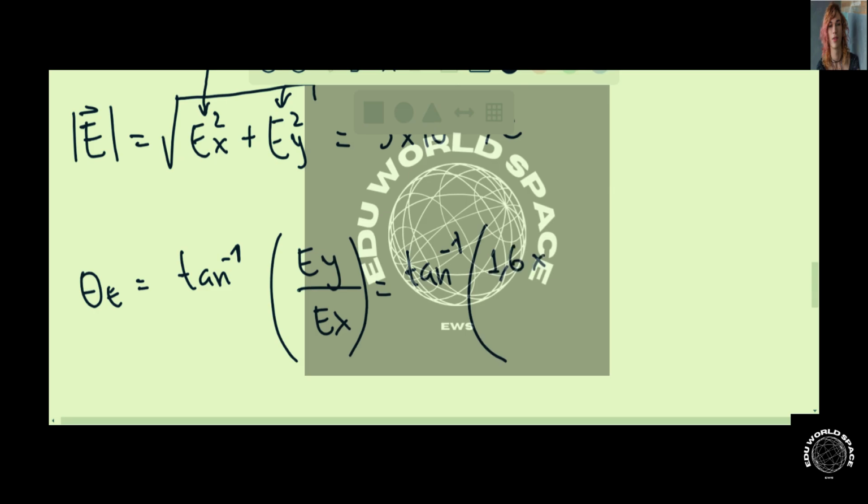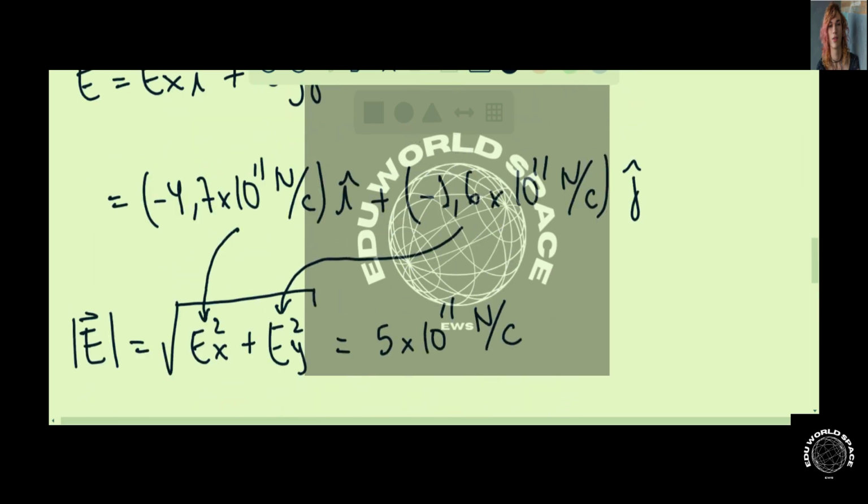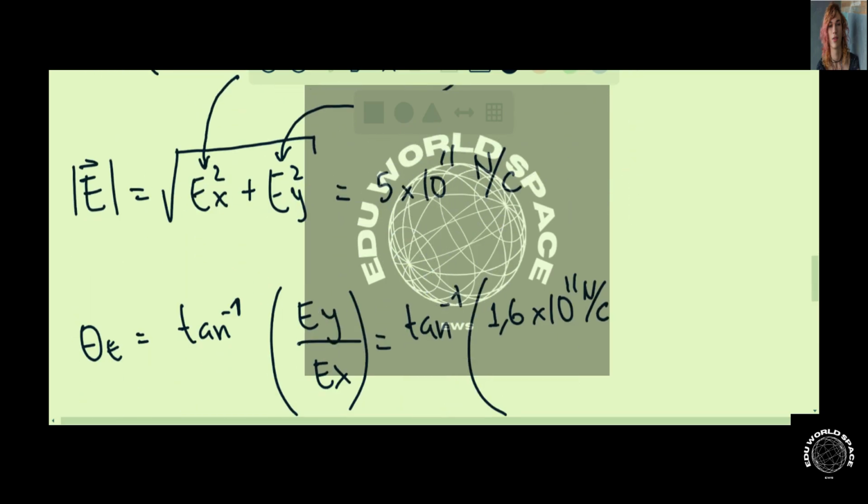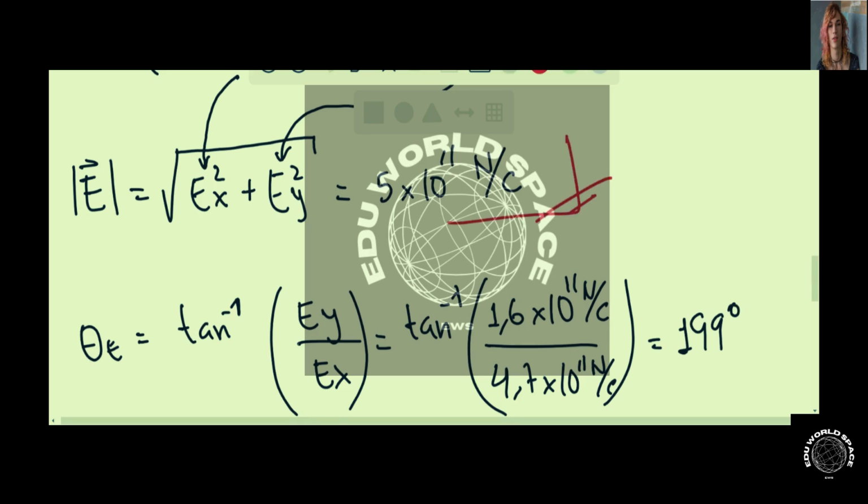So it was something like this: 1.6 times 10 to the 11 newtons per coulomb over 4.7 times 10 to the 11 newtons per coulomb. So when we put this into the calculator, we obtain a value of 199 degrees. So this is the magnitude of the net field, and this is the direction of the net electric field.